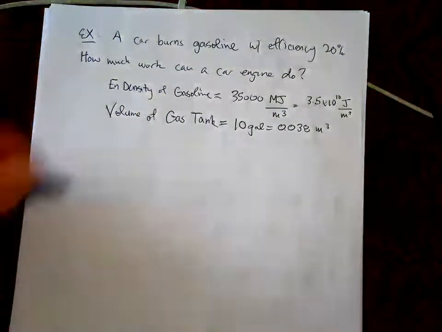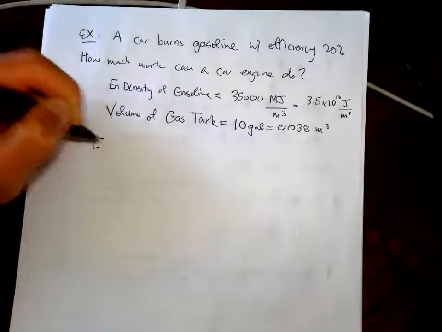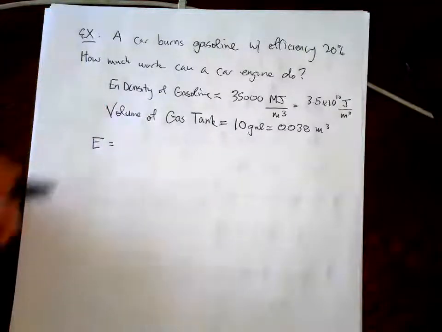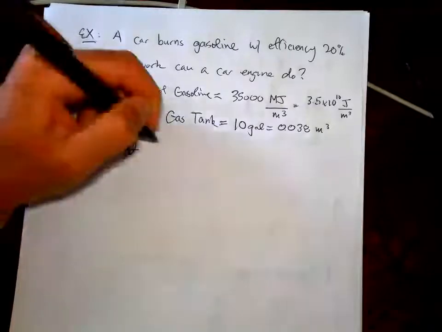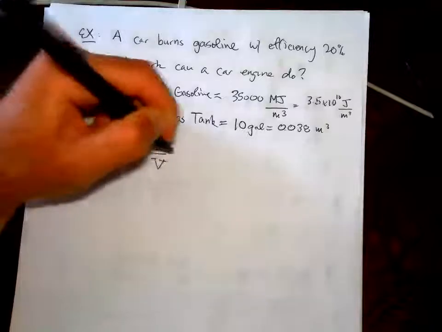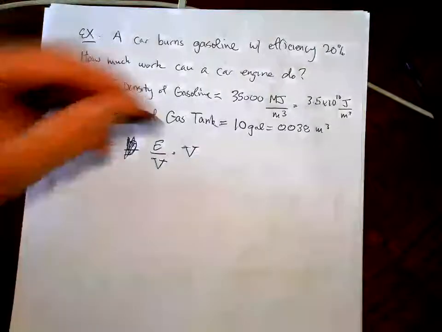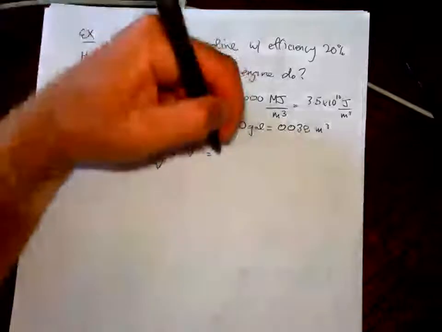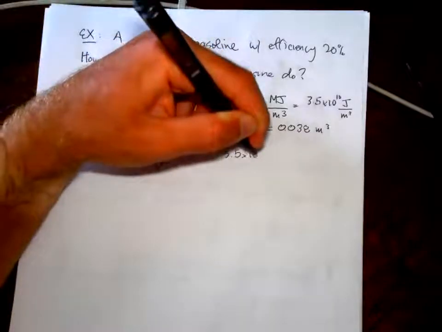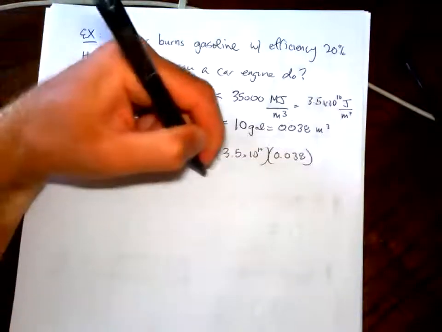So basically the heat that we'll get is going to be equal to the energy per volume times the volume. The energy per volume is the energy density of gasoline, so that's 3.5 times 10 to the 10th. And then the volume of the gas tank is 0.038 cubic meters.